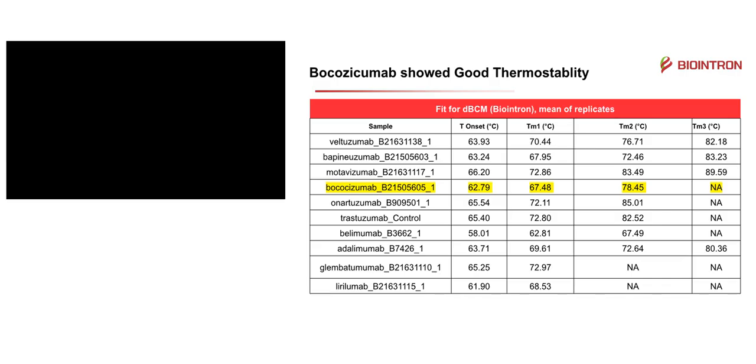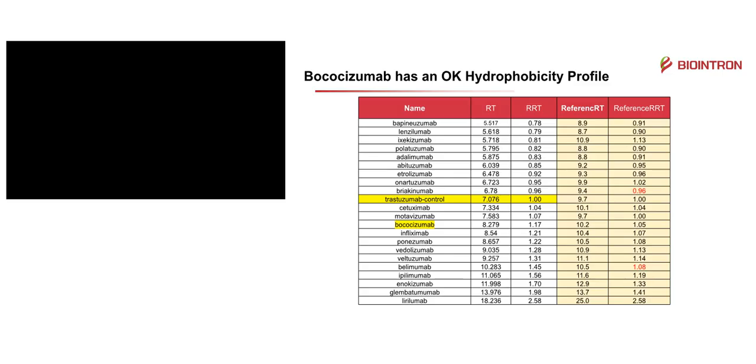But when we look at thermal stability, it has okay thermal stability, because if the score is about 65 degrees centigrade, we will treat that as a good candidate in terms of thermal stability. And for hydrophobicity, we normally use trastuzumab as a control, and bococizumab has a slightly worse hydrophobicity score.